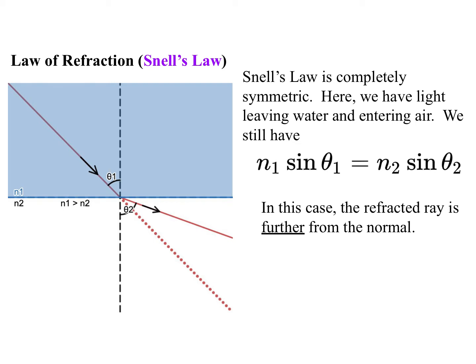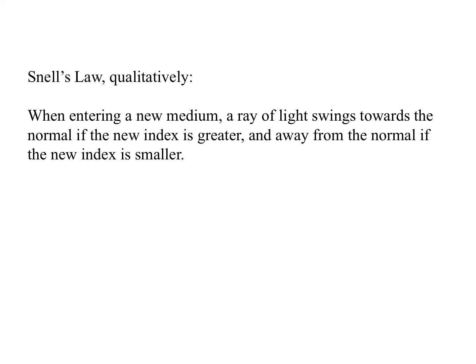If we have N1 more than N2, it turns out that we get to use the same equation, but in that case we can see that the refracted ray moves away from the normal. It swings outward instead of swinging inward. So qualitatively, the general rule is when entering a new medium, a ray of light swings towards the normal if the new index is greater and away from the normal if the new index is smaller.